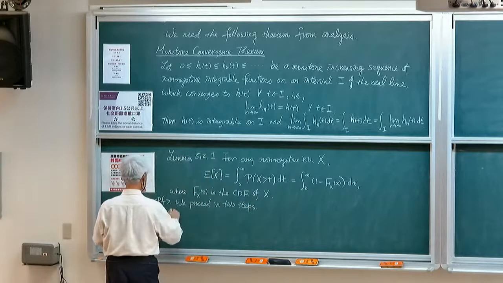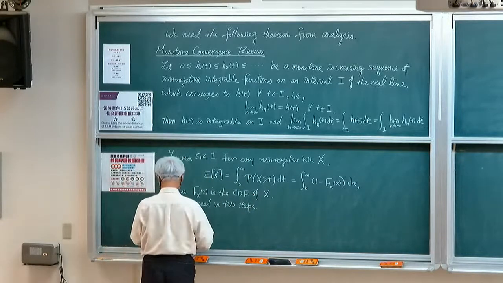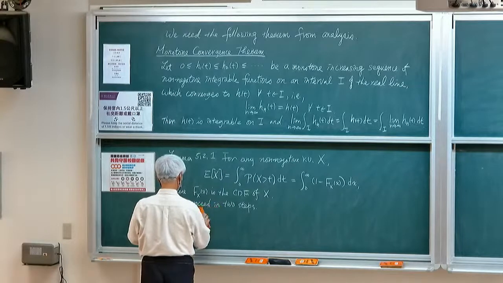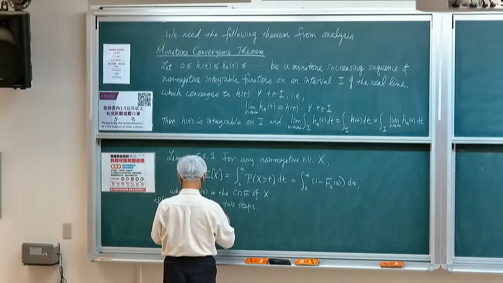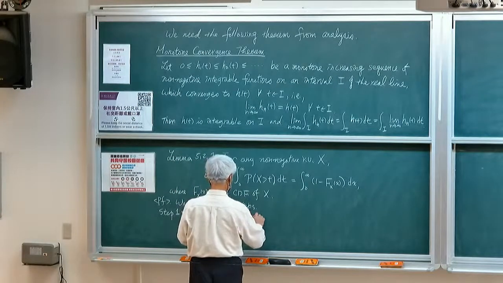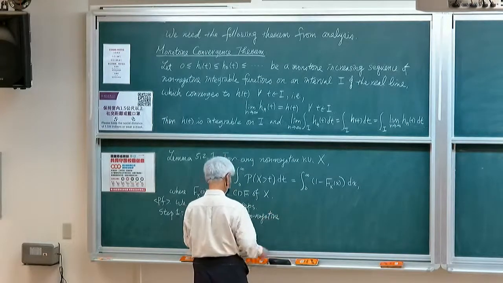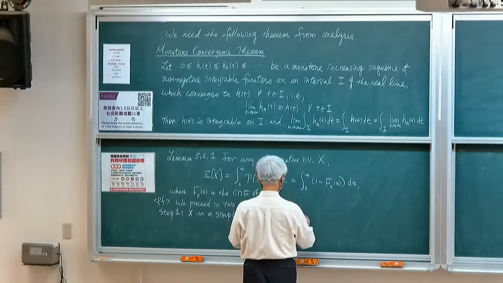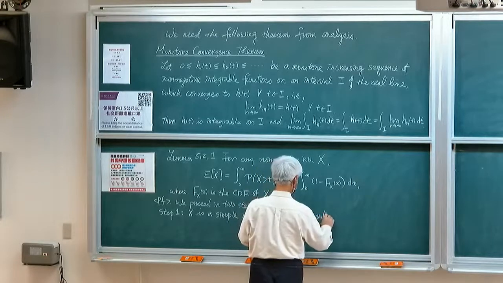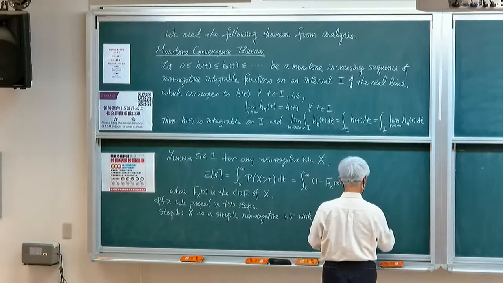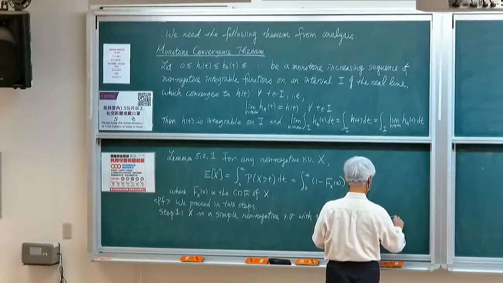Step 1: X is a simple non-negative random variable with values, say, x1, x2, up to xn.